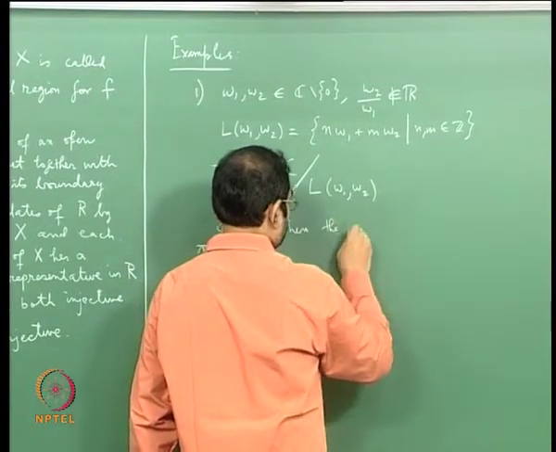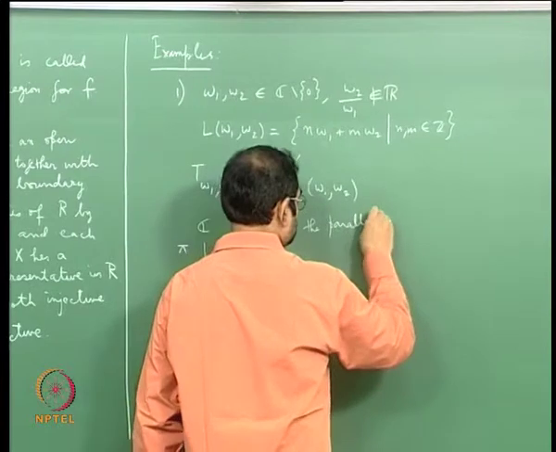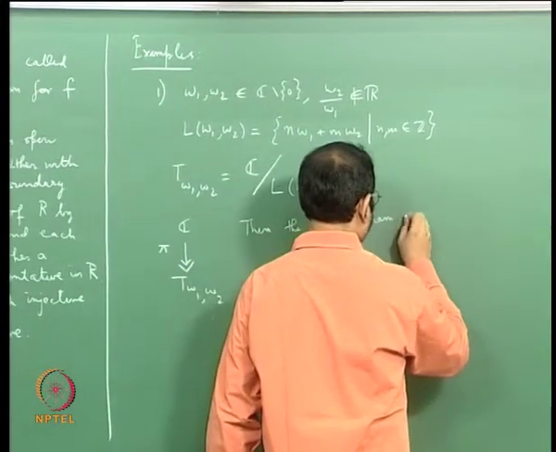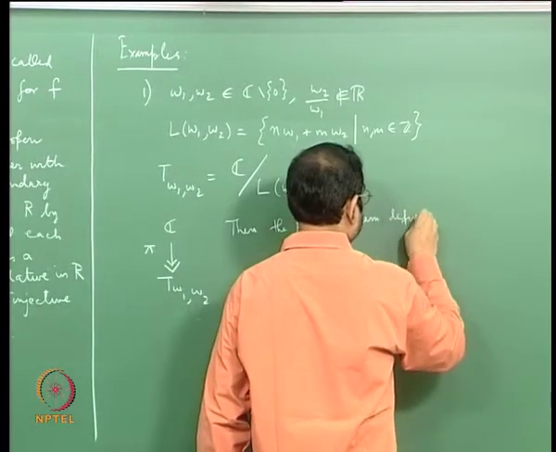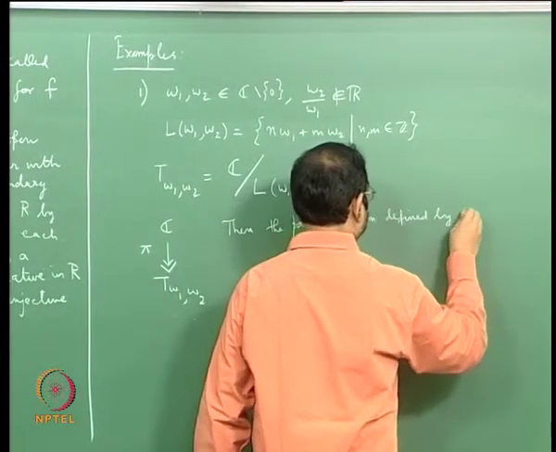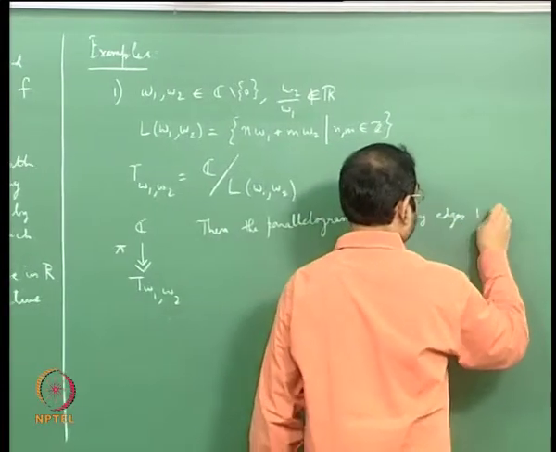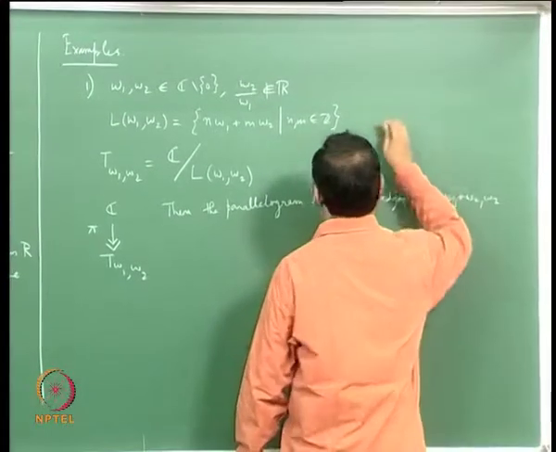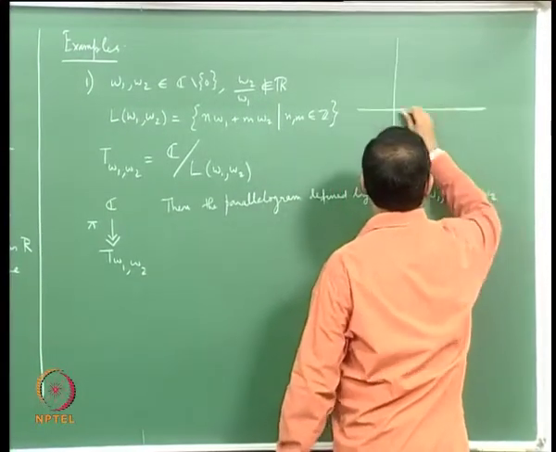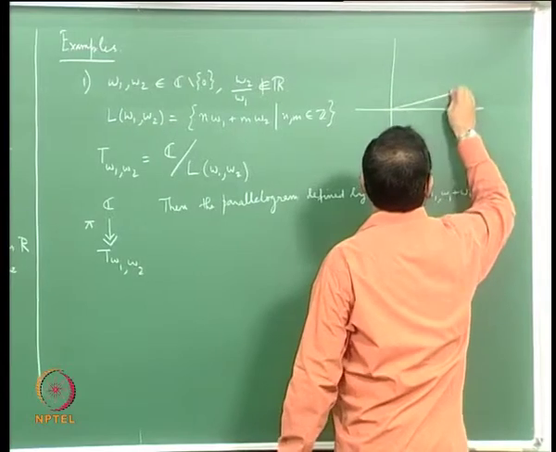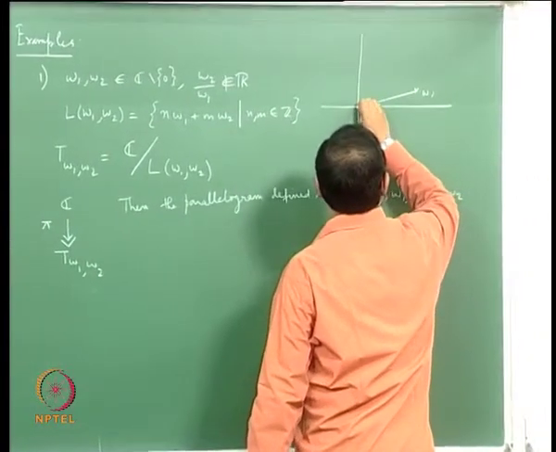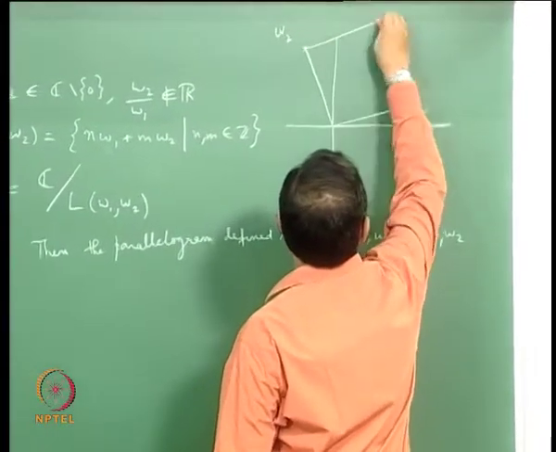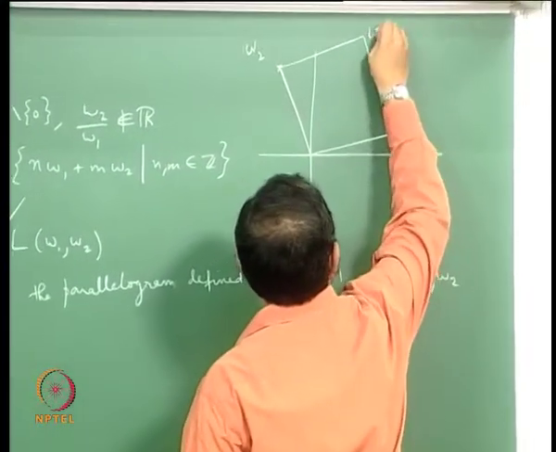The parallelogram defined by edges 0, omega 1, omega 1 plus omega 2, omega 2. If I draw a diagram, if this is omega 1 and this is omega 2, then you get this parallelogram here. This is omega 1 plus omega 2.